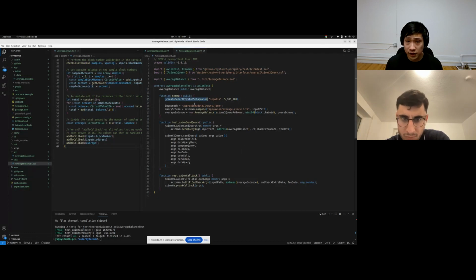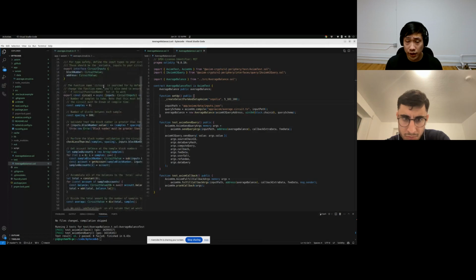So the first is that in your setup, because Axiom is reading from historic on-chain data, it really only makes sense to test on a fork. So here in the setup, we specify that we're testing on Sepolia and that we fork at this specific block. The second thing is we need to specify which circuit we are interacting with.